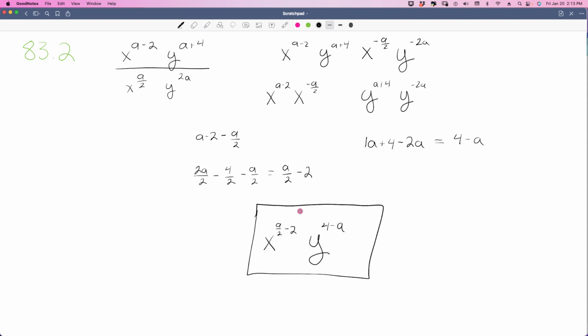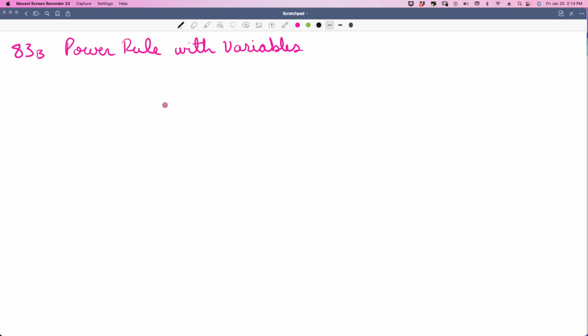So let's look at the power rule for variables. So the power rule is when an exponent has an exponent. So when we have a problem like this, x squared to the third power, right?